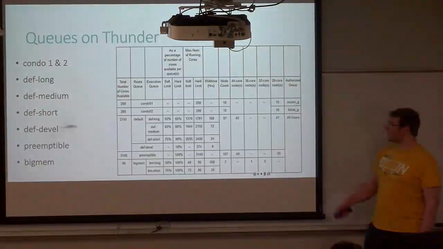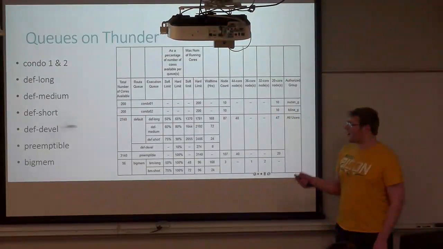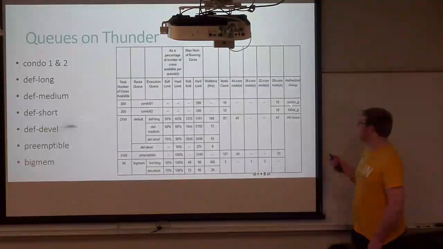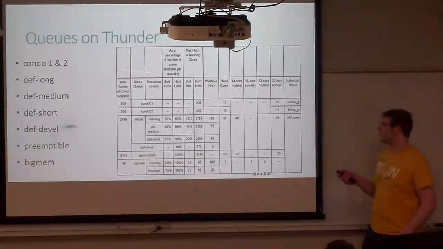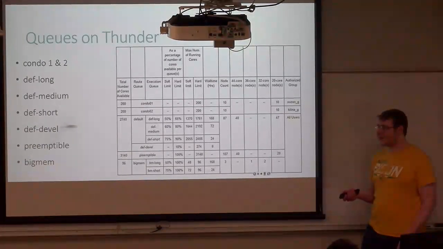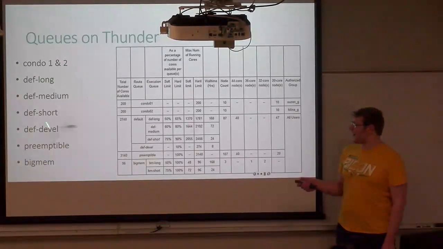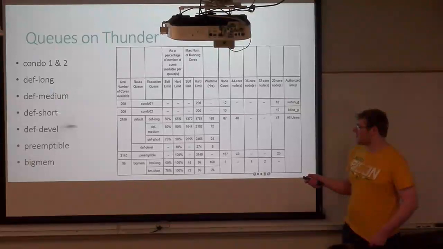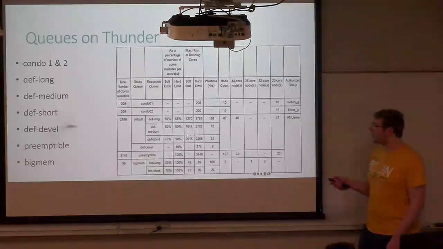So let's look up the queues on Thunder. We have Condo 1 and 2. Unless you're part of the Susan or Kinana groups, you don't have to worry about them because these are privately owned, well, not privately owned, but privately rented queues. You have the default, the long, medium, and short. This is what you're mostly going to be using on Thunder.